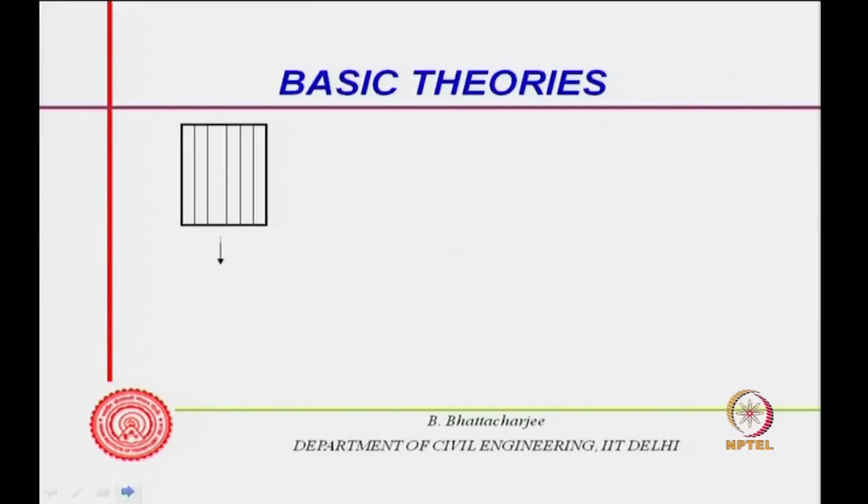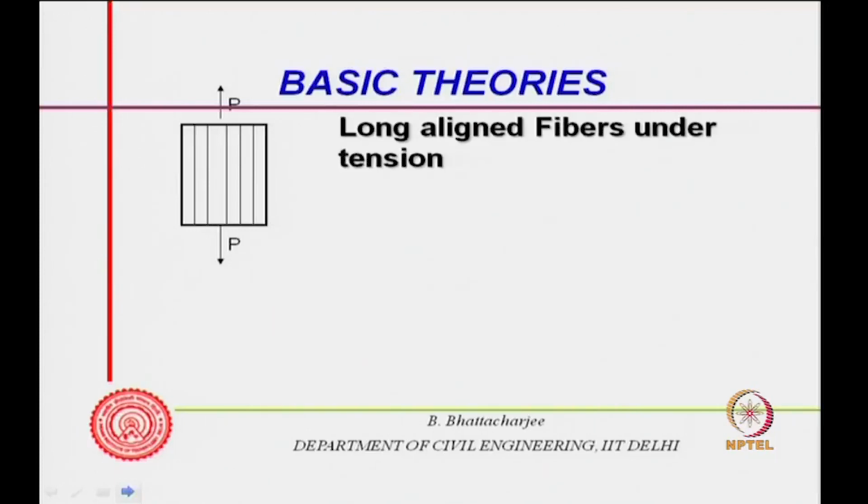Now, I apply a tensile load in both directions. Actually the materials are in parallel, P load I have applied. The strain, epsilon, will be the same, for long aligned fibers under tension. That is what we are looking at over a small element.